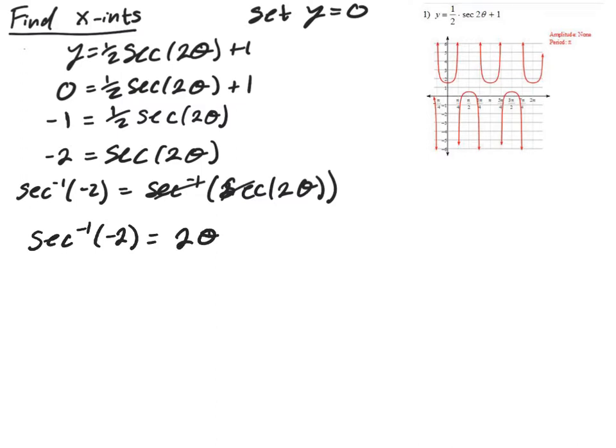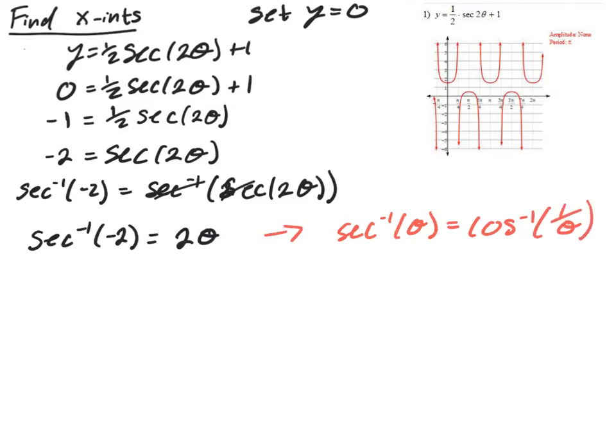And we want to go ahead and work through finding theta now. Okay, so we're going to use one of our other trig identities here. That's the relationship between inverse secant and inverse cosine. So inverse secant of theta is going to equal inverse cosine of 1 over theta.